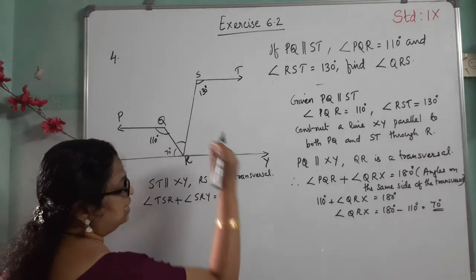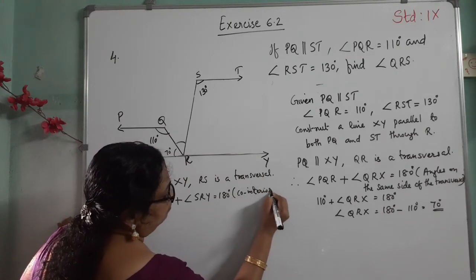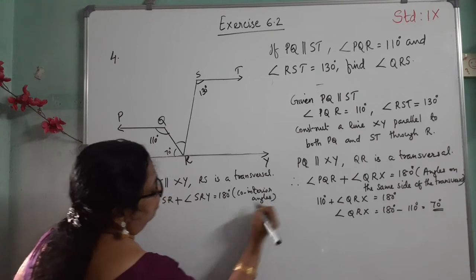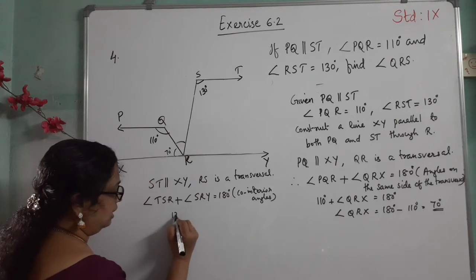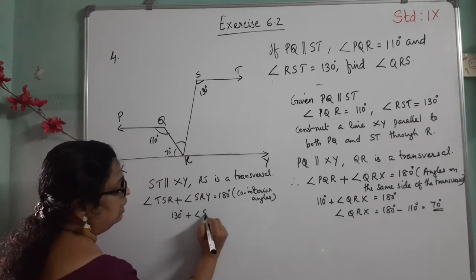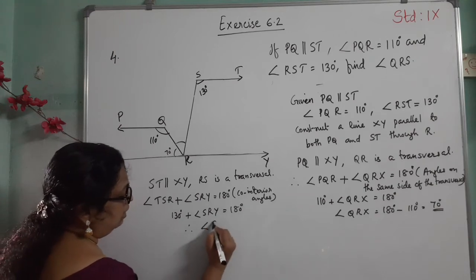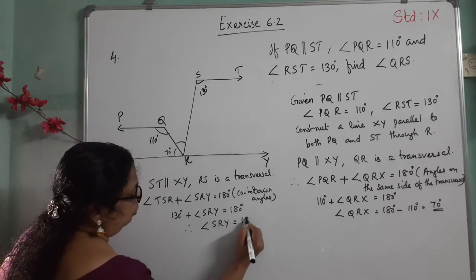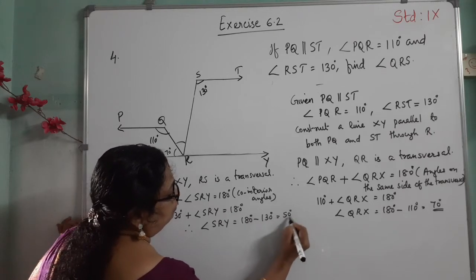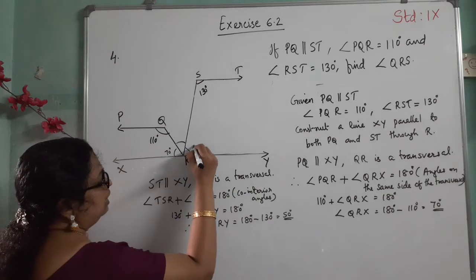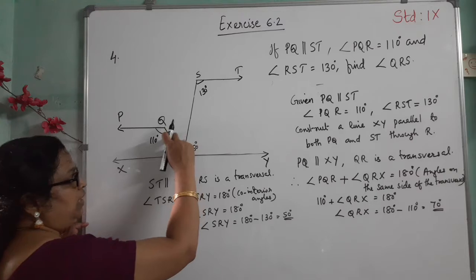Same reason, angles on the same side of the transversal, that is, co-interior angles. So TSR is given as 130 degrees, that is, 130 degrees plus angle SRY equals 180 degrees. Therefore angle SRY equals 180 degrees minus 130 degrees, which equals 50 degrees. That is, this angle we get is 50 degrees. So we can find out this angle.